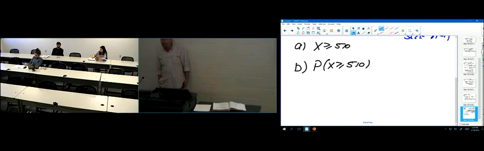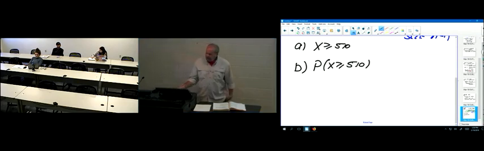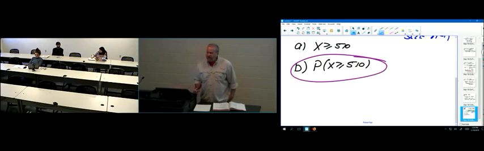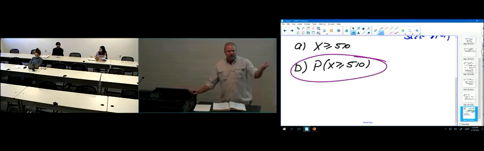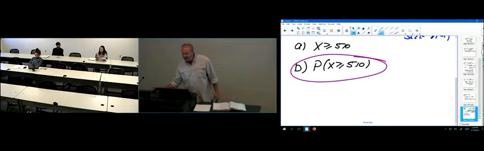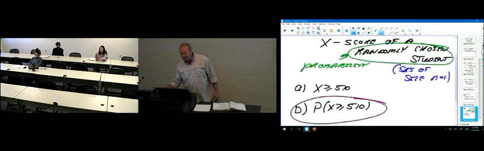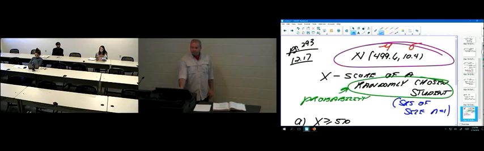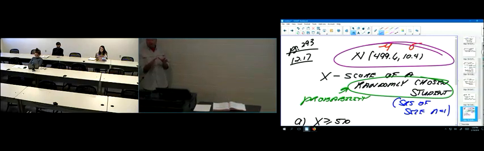So that X is bigger than or equal to 510. Now here's what I've got on my mind. This looks a lot like something I would have written down in chapter 3. You know, that X was bigger than this or less than that, bigger than or equal to this, or between here and there. I've got that on my mind. So I don't care if it's a probability question or not now.